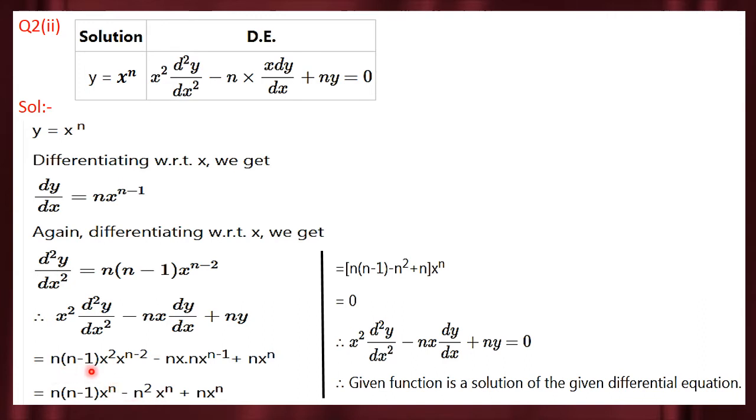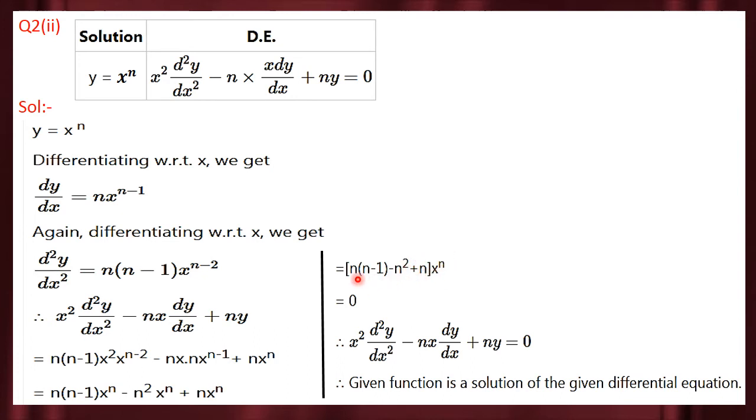n into n minus 1 into x square into x raised to n minus 2 is x raised to n, minus n square into x raised to 1 into x raised to n minus 1 is x raised to n, plus n into x raised to n. Here x raised to n is common. So n into n minus 1 minus n square plus n, into x raised to n.